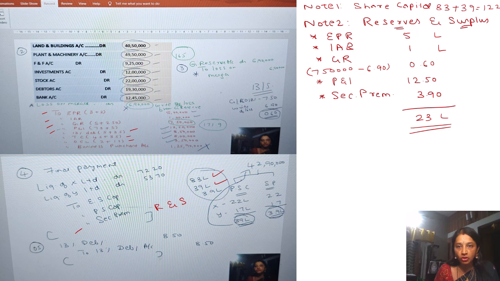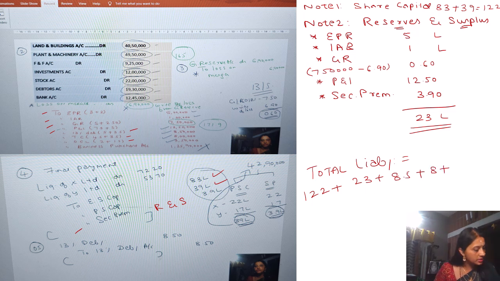So once you take all the liabilities side of the balance sheet, your total liabilities will come up to your share capital of 122 plus your reserves and surplus of 23 plus your 13% debentures of 8.5 plus your trade creditors of 8 plus your other current liabilities of 3.5.